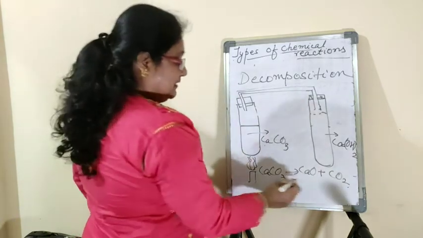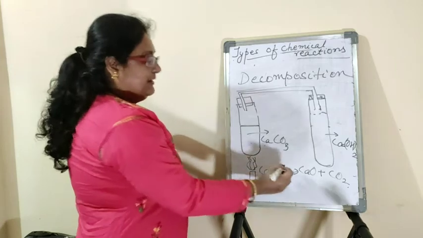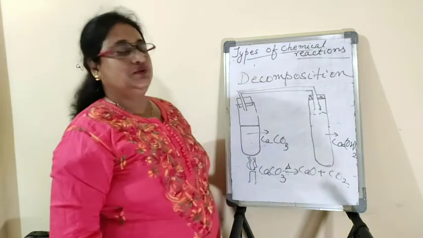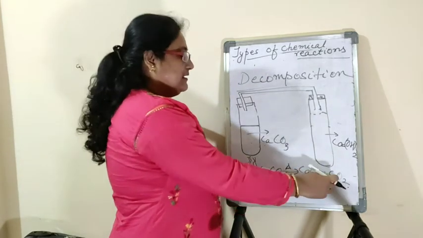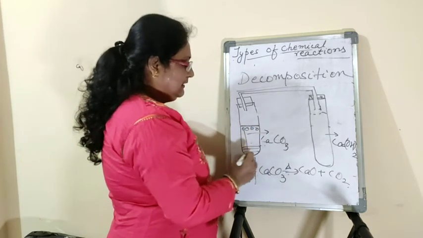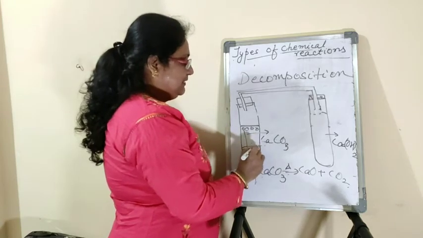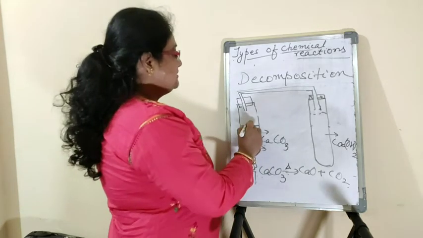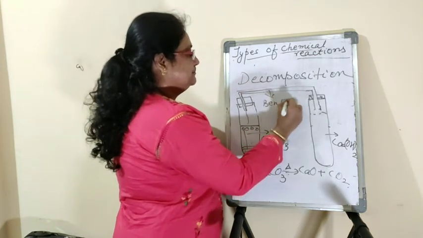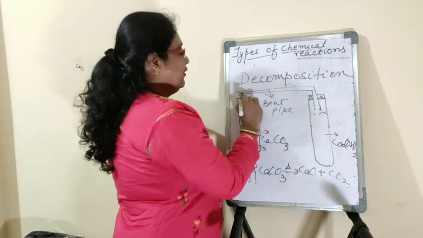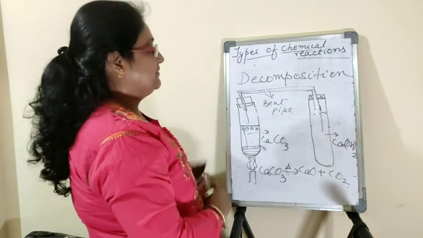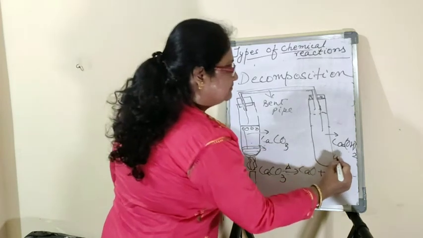The CaO so formed will settle at the bottom of the test tube as sediment, and the CO2 will go through the bent pipe and mix with the Ca(OH)2, that is, the lime water.